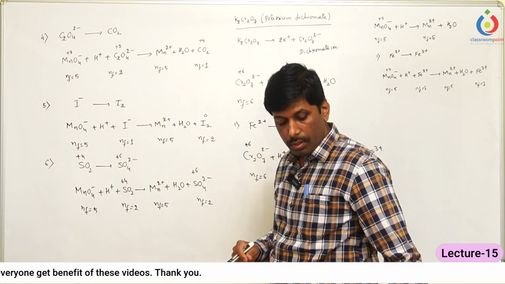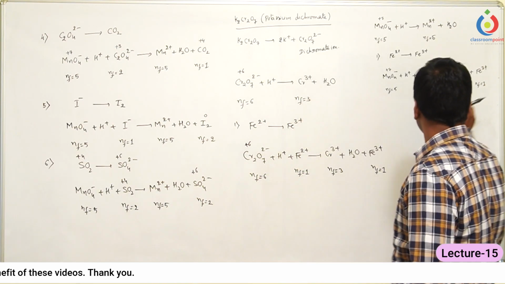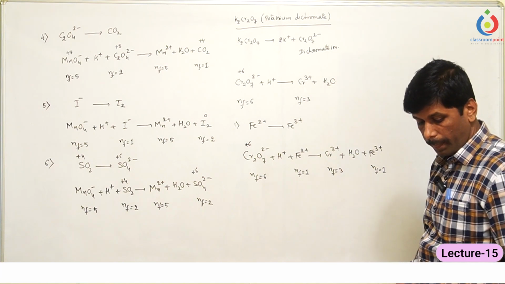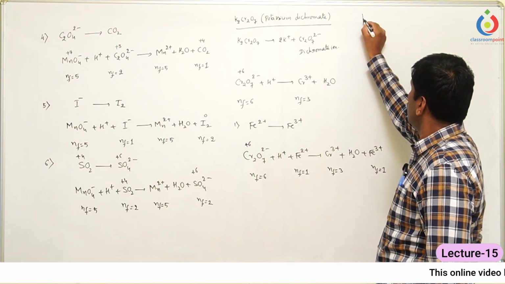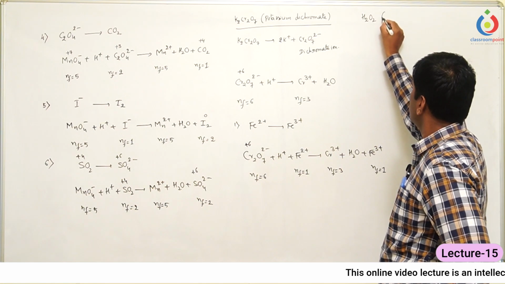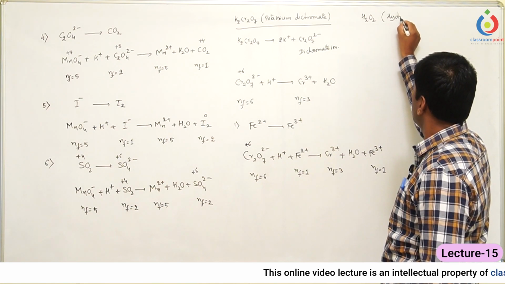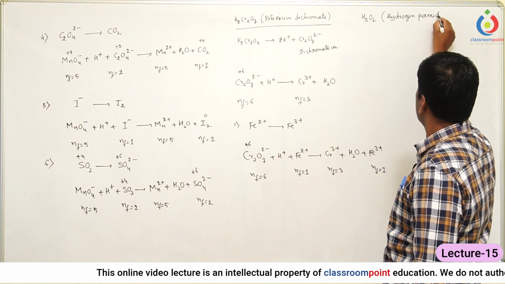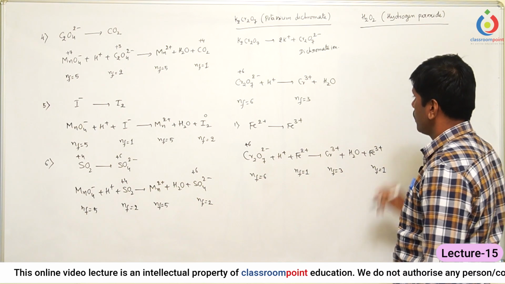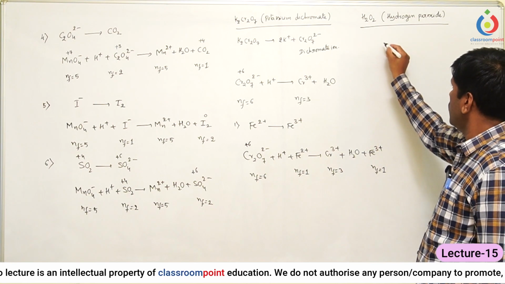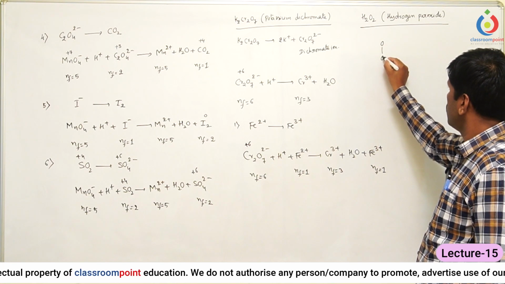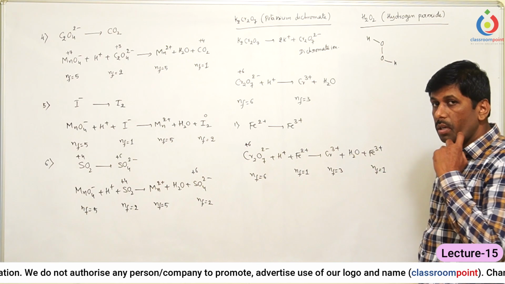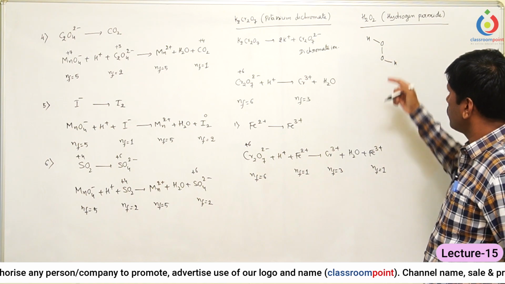Now let us see hydrogen peroxide, H2O2. In hydrogen peroxide, why is it called peroxide? The oxygen-oxygen single bond is called the peroxy bond.